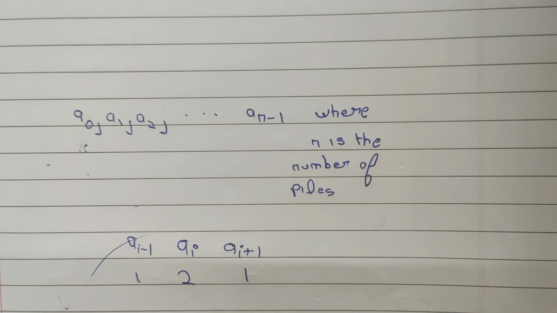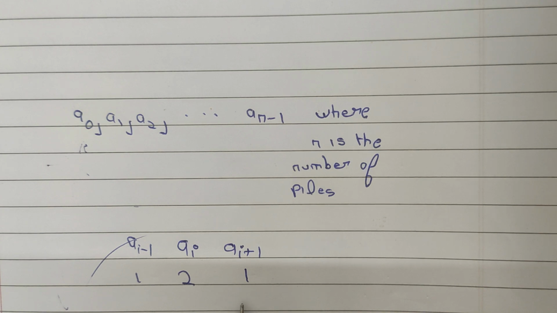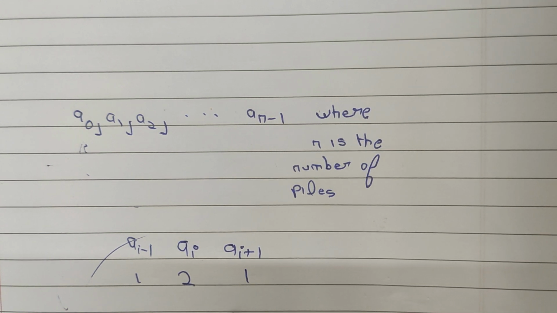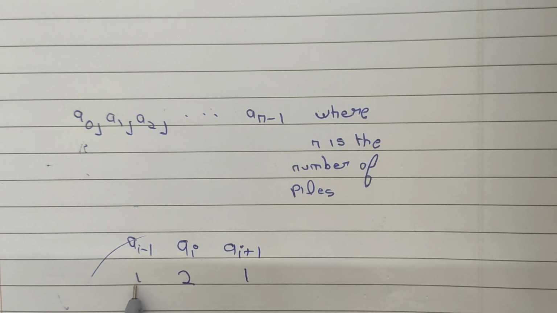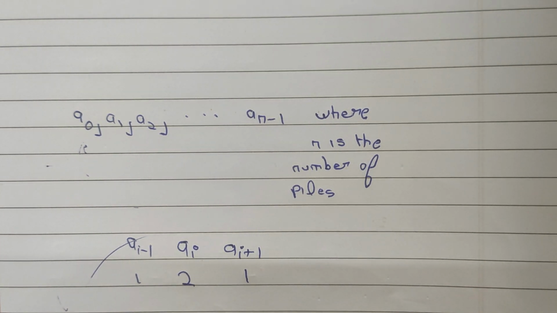What you have to do is check whether you can make all the piles empty after performing this operation any number of times. Inside a single operation you have 3 steps: taking 2 pieces of loot from the ith pile, 1 piece from the i-1th pile, and 1 piece from the i+1th pile.